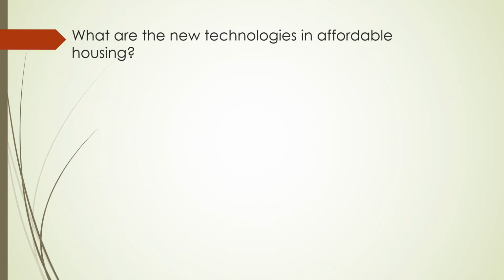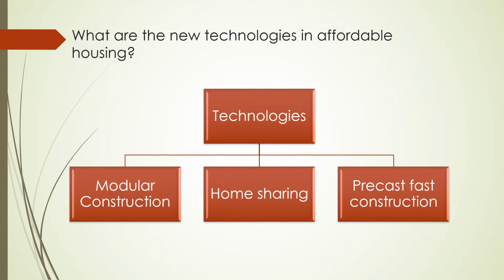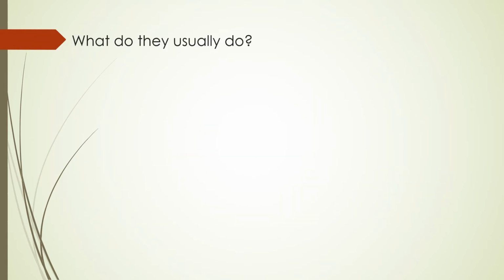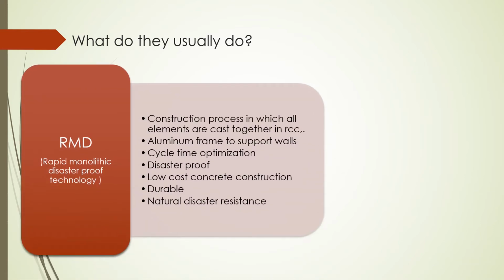What are the new technologies in affordable housing? The main technologies in affordable housing are modular construction, home sharing, and precast fast construction. What do they usually do? One of the most known technologies is the RMD, which is the Rapid Monolithic Disaster Proof Technology.